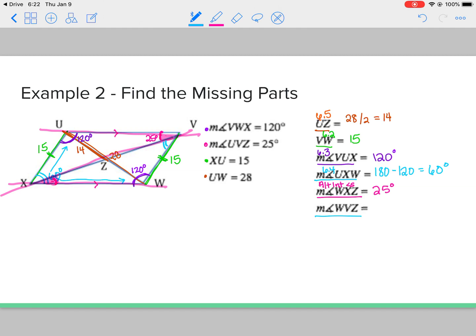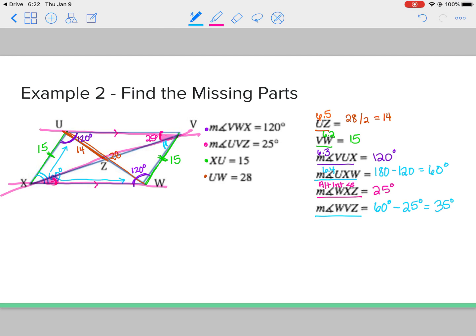Since this angle at the top right is also going to be 60 degrees, I can use that angle sum and the other piece that I know of, 25 degrees, to figure out what the new little piece is. So I'm going to do 60 degrees for the entire angle minus the 25 degrees for the piece that we already knew. And we'll find that the measure of angle WVZ is 35 degrees.